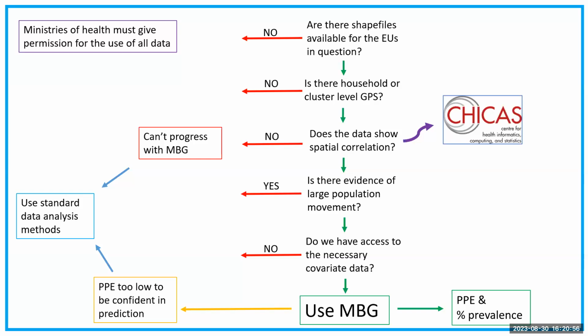Household or cluster level GPS, no evidence of large population movement, and access to the necessary covariate data are also all required in order to use MBG. If we don't have any of these things, then we can't progress with MBG, and we default to the standard data analysis methods. And as demonstrated in the previous Nigeria case study, even if we do have enough information to run the MBG, if the PPE is too low, we would default to standard data analysis methods as well.